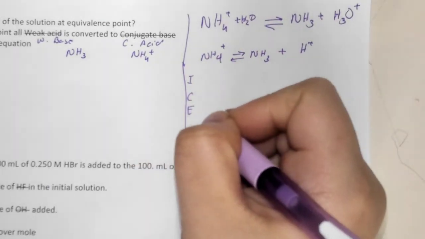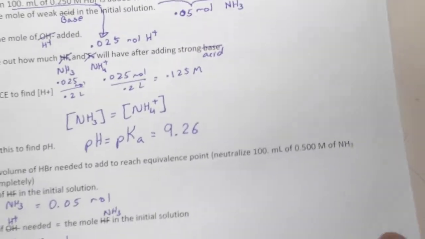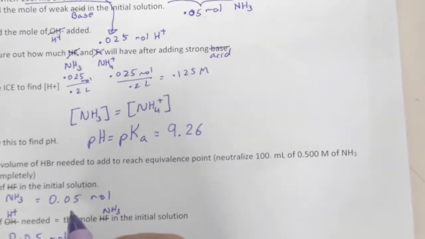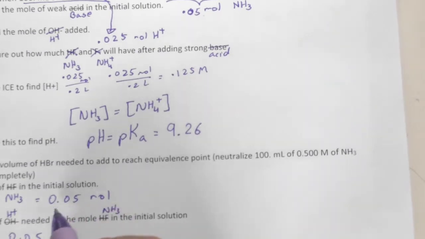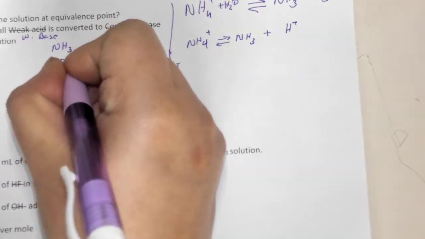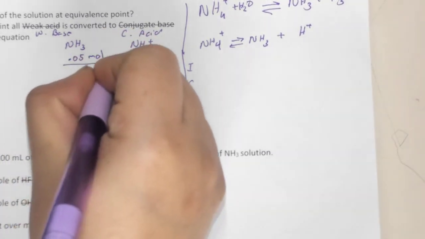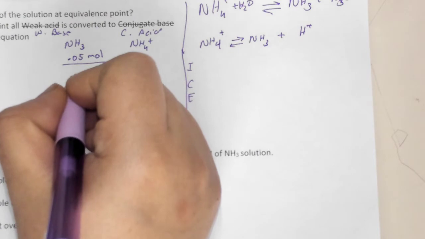Okay, before you do the ICE, I'm going to need you to go back and take a look at the amount. So the amount is going to be this, 0.05 mole. Okay, that's how much is needed. But your concentration is not the same, right? That's the mole, but that's not the concentration. So you've got to divide it by the volume.